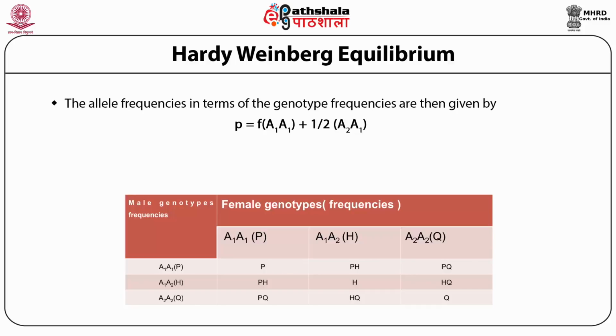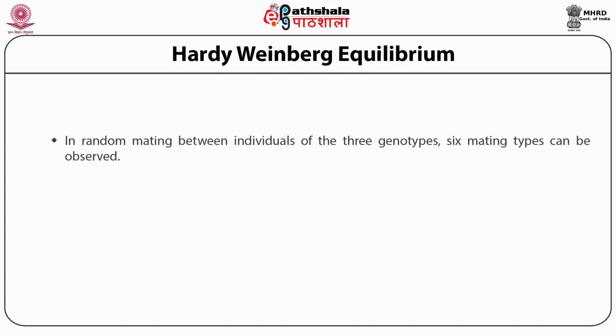Small p is the symbol used for the allele frequency of the A1 allele. Similarly, for the Q allele, we have the sum of the frequency of genotype A2A2 with half of the frequency of genotype A1A2. In random mating between individuals of 3 genotypes, 6 mating types can be observed.